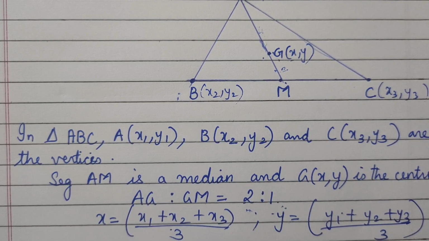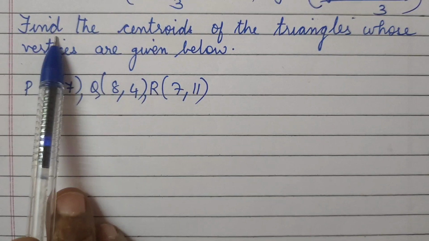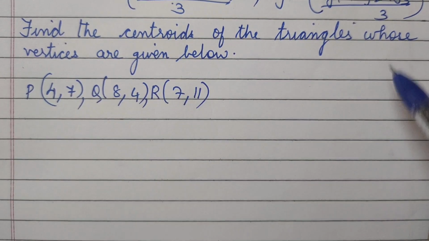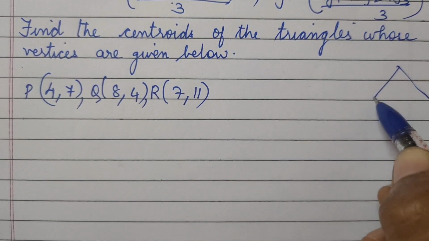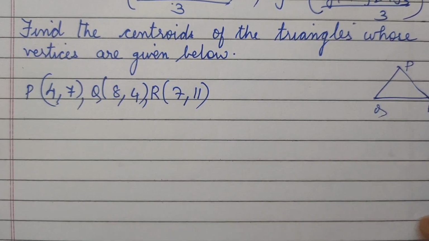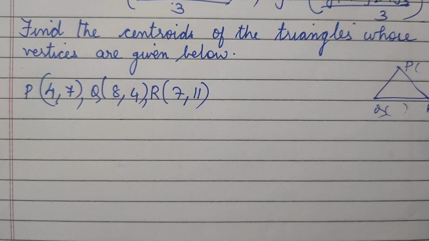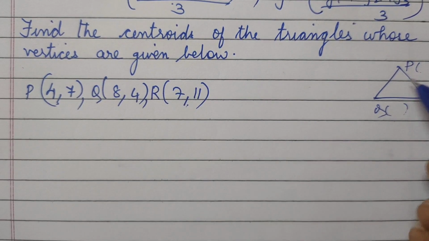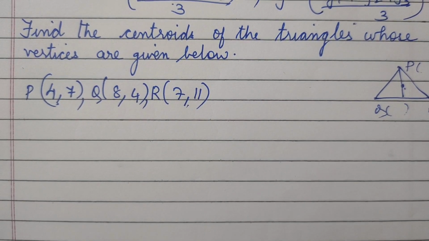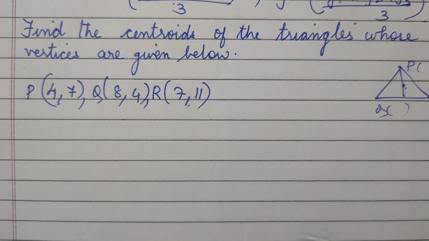Clear? Let's see one more example here. Find the centroids of the triangles whose vertices are given below. That means the triangle PQR, and the three vertices are given like this. Now we need to find the centroid. So what is the formula? We have learned it.